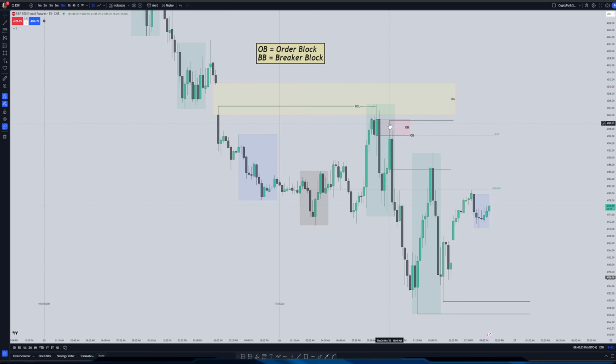You see, it retested the order block, and with this candle's wick, it actually took the liquidity from the recent lows. Let me mark it. It went right there, it went below, and immediately it tried to go up, then it started going down.